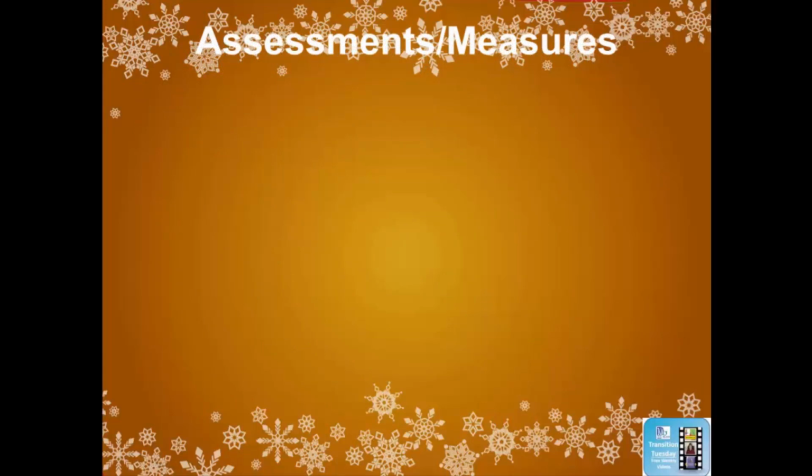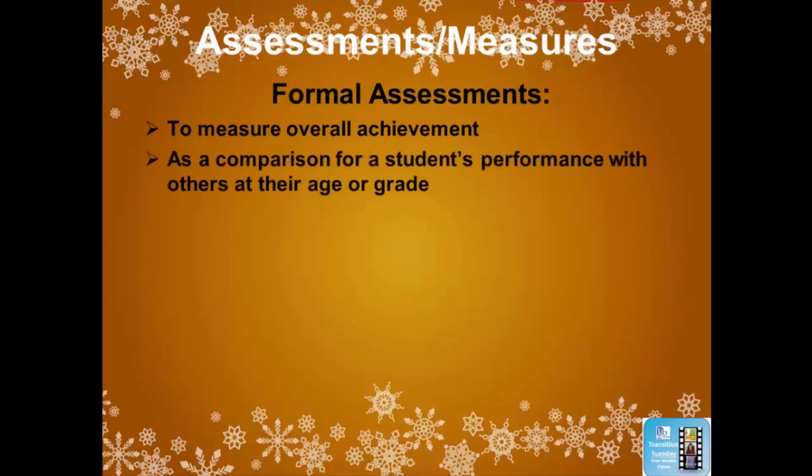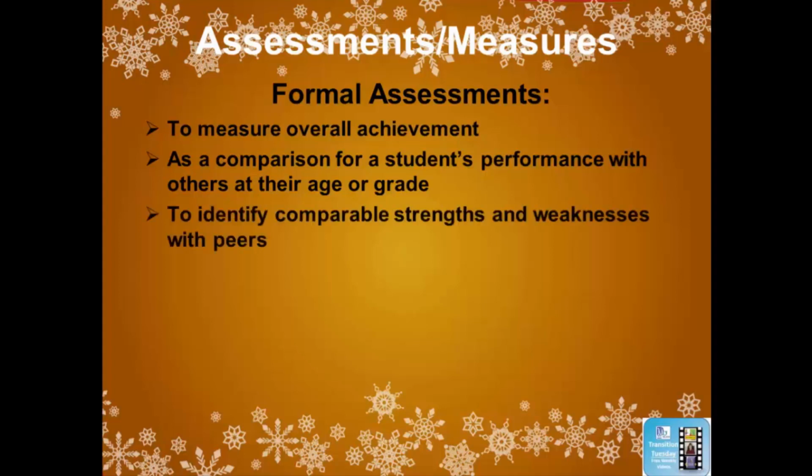The one thing I want to hit on briefly are the assessments or measures used to determine the student's transition services. These can be formal assessments. Formal assessments generally are to measure overall achievement as a comparison for the student's performance with others at their age or grade level, or to identify comparable strengths and weaknesses with peers.